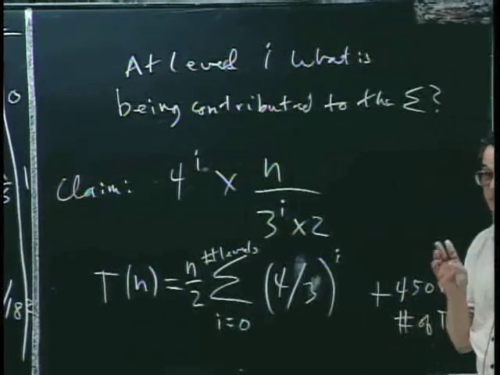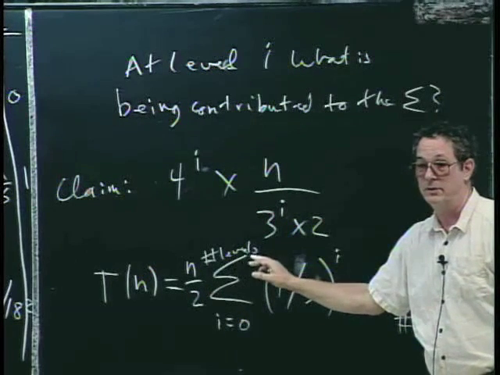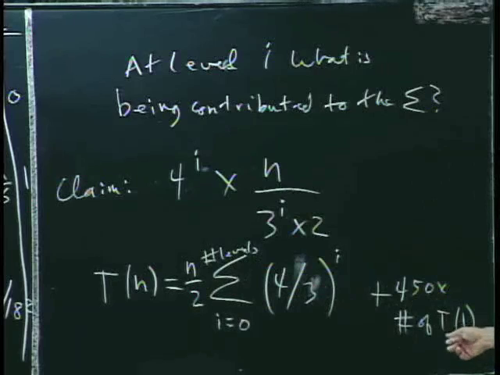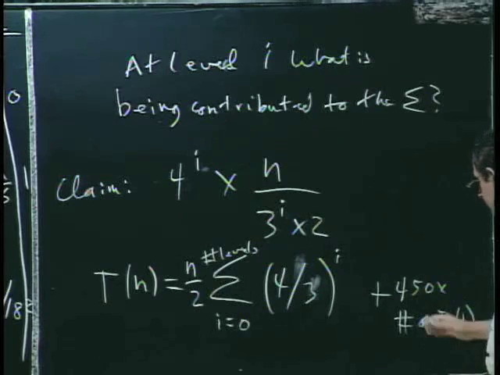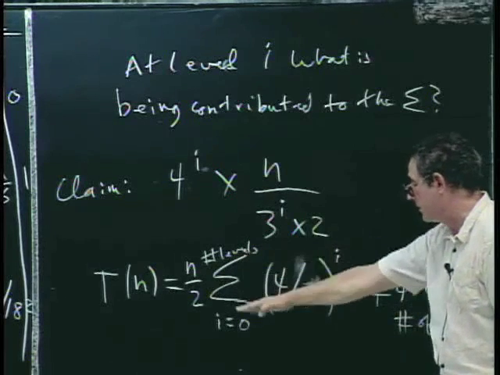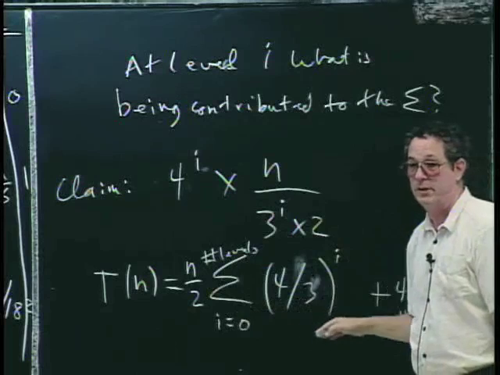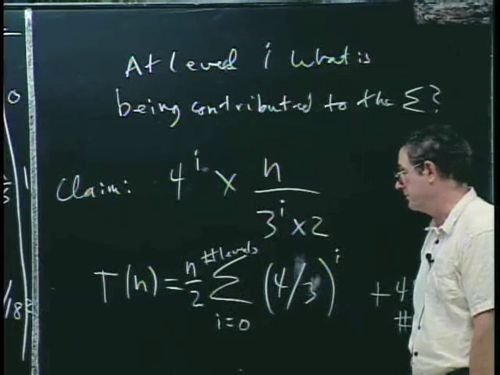So now there are really three things we have to figure out. How many levels? How many T1s are there? Each one contributes 450. And those are the first two things we have to know. Then, knowing the number of levels, we'll want to solve this. We don't want to leave it in summation form. We want to get a nice closed form solution for it.